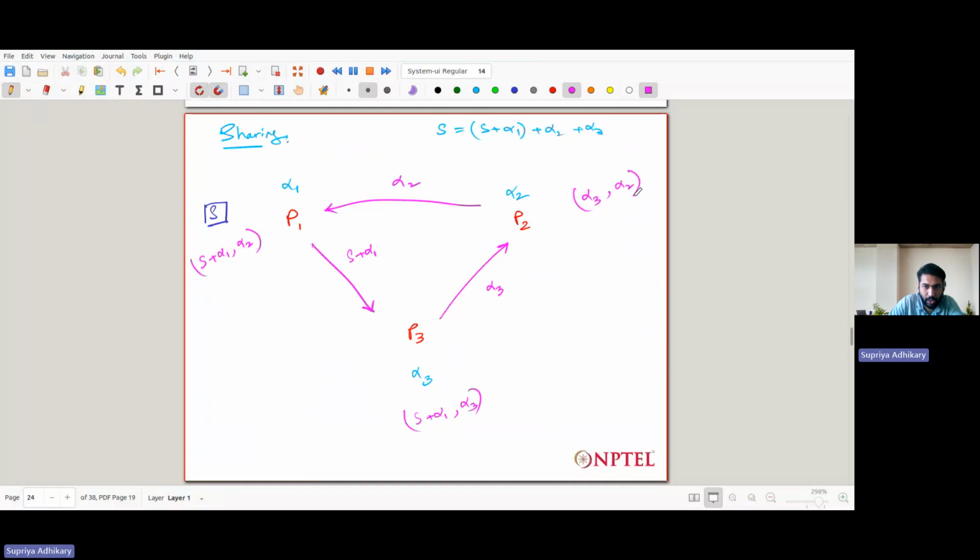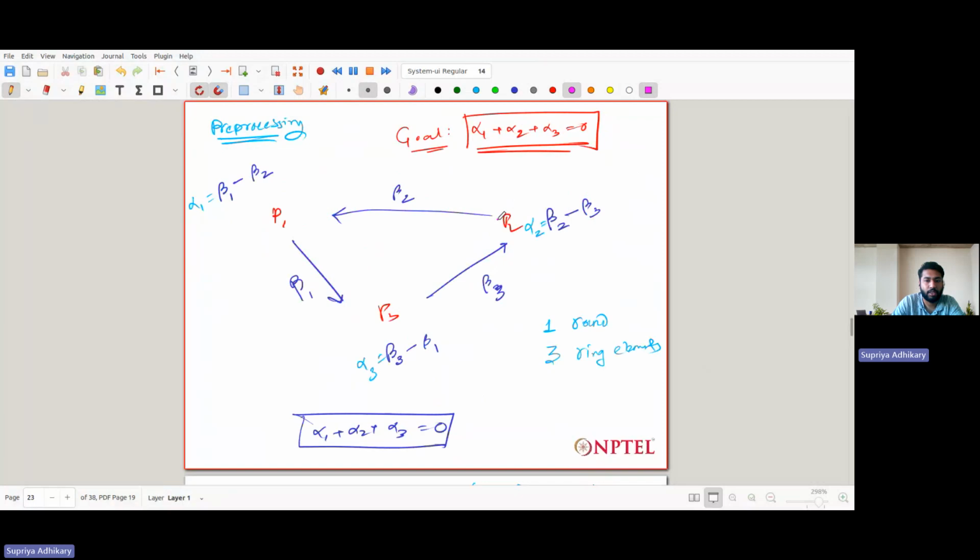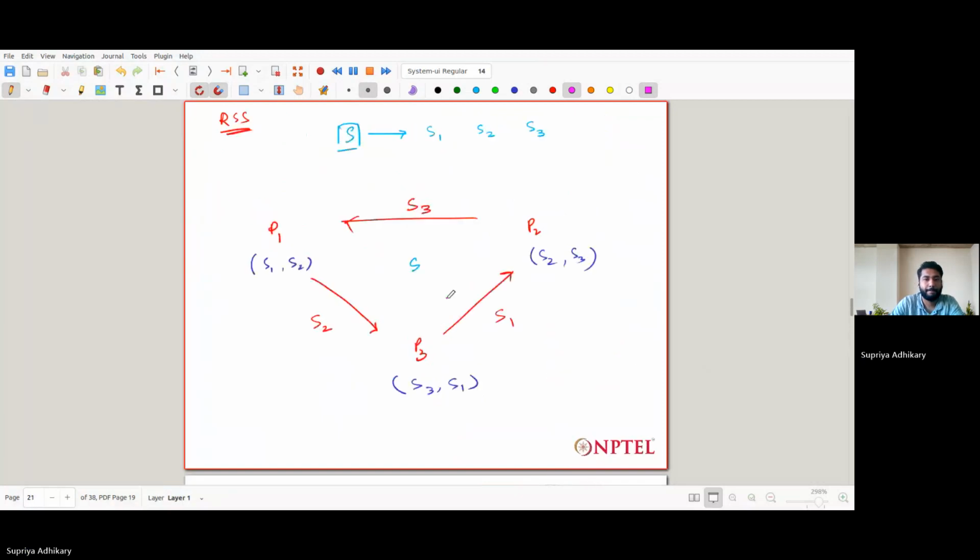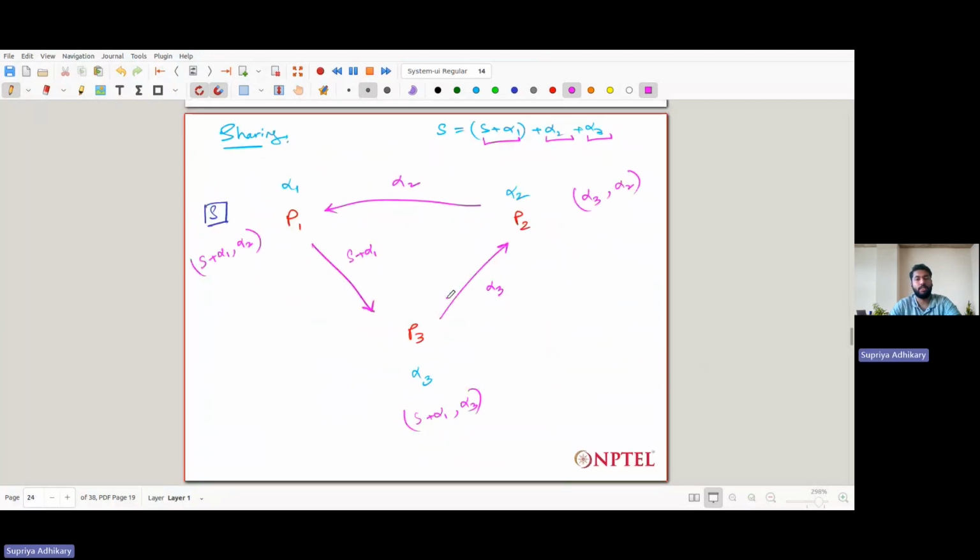So the only piece that P2 is missing is S plus alpha 1. The only piece that P3 is missing is alpha 2. And similarly, the only piece that P1 is missing is alpha 3. So this is exactly the same as we had seen over here. Using the preprocessed data, P1, P2, and P3 can hold an RSS sharing of S, and this only requires this sharing protocol.